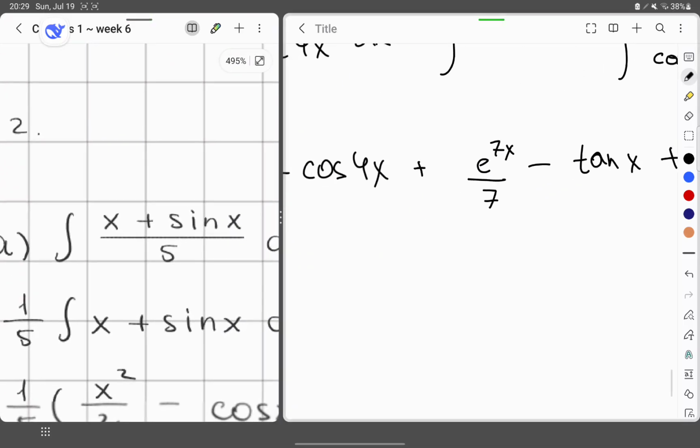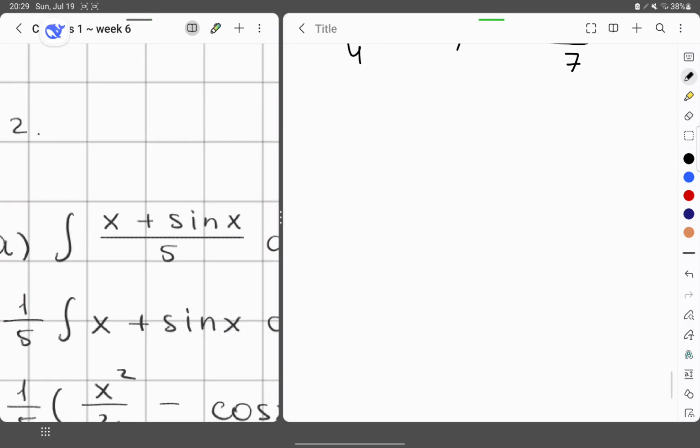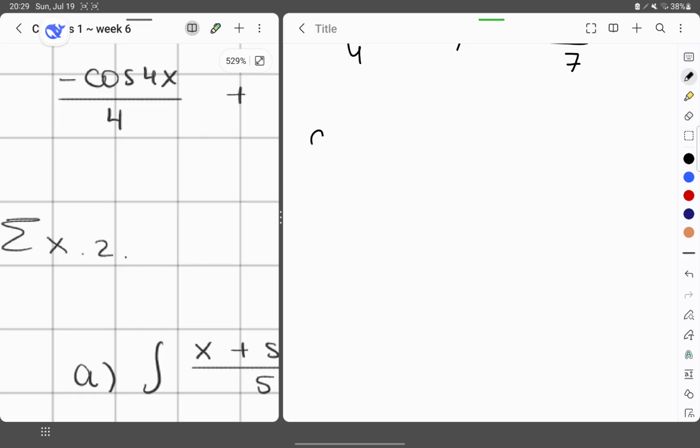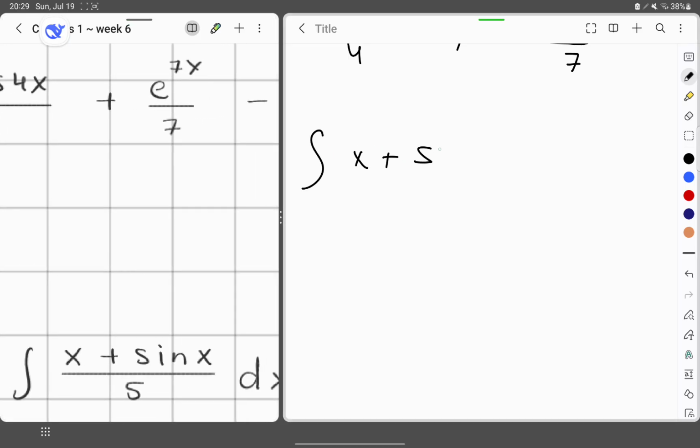Let's try to do this one. The integral of x plus sine x over 5 dx.